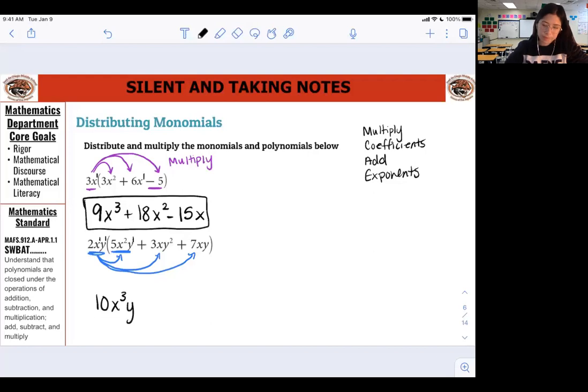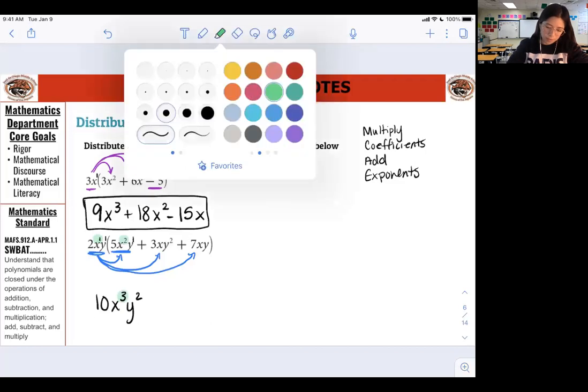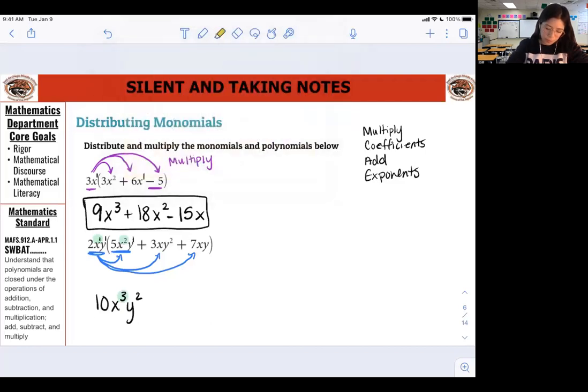And the y? 2. Good. So again, I'm just adding. 1 plus 2 gives me 3. 1 plus 1 gives me 2. So if you feel a little bit lost, just go back to this. We're multiplying the coefficients and we're adding the exponents.